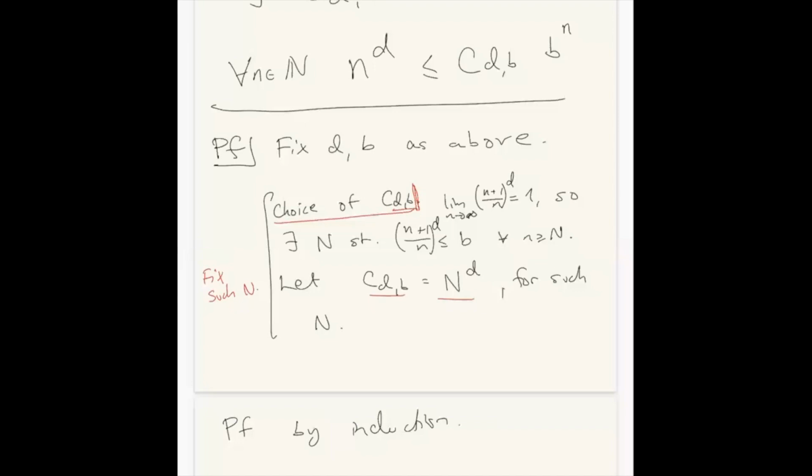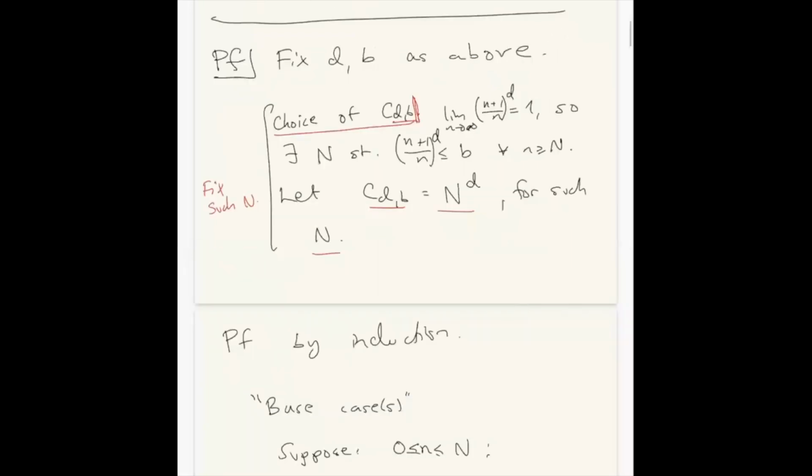The idea is that this may grow faster than the geometric thing, but only up to this Nth index, and after that, we will use this fact. So somehow this constant absorbs the first capital N terms.